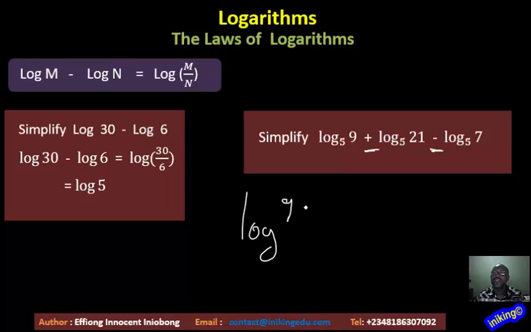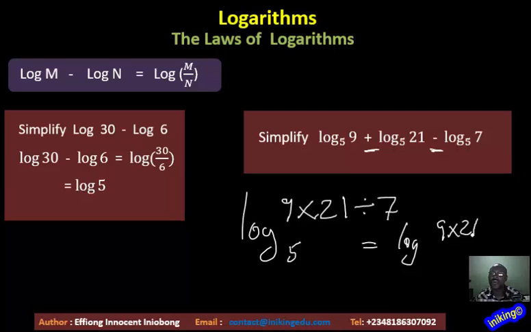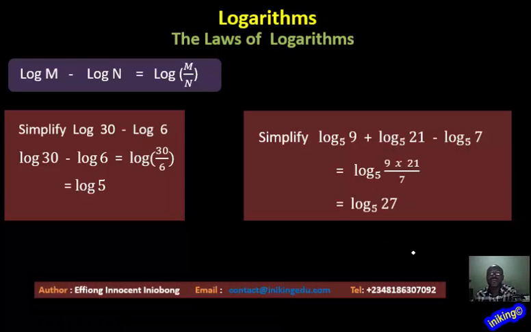So here, this is 9 times 21. Then the minus says we should divide by 7. Of course, everything expressed to base 5. So we can write this out simply as logarithm of 9 times 21 all over 7.